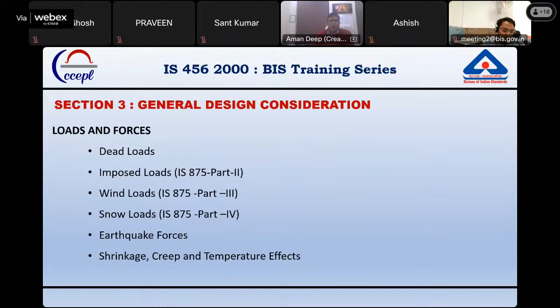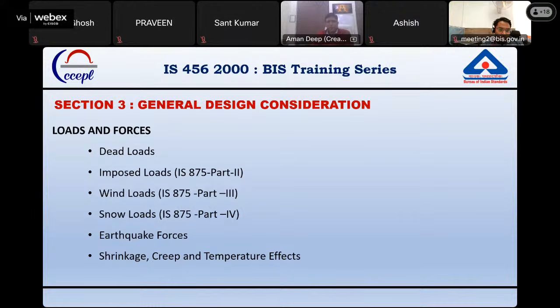Now coming to the general design considerations, we have loads and forces. The various loads we have to consider as per the various IS codes. For dead loads, we need to know the densities, and for that we have IS 875 Part 1. For imposed load, we have IS 875 Part 2. Wind loads, IS 875 Part 3. Snow load, Part 4.